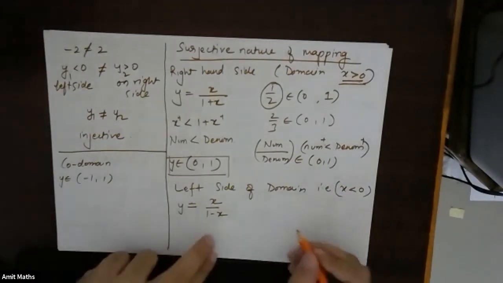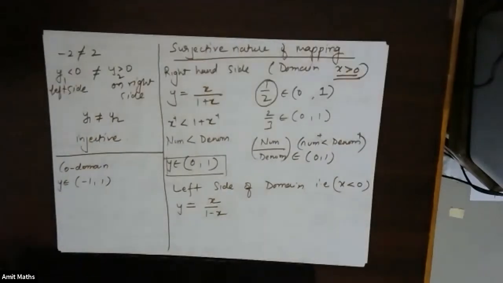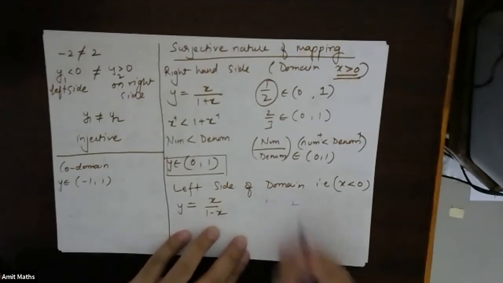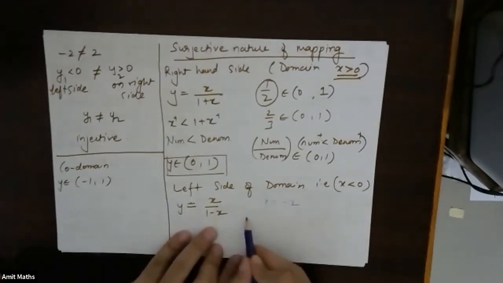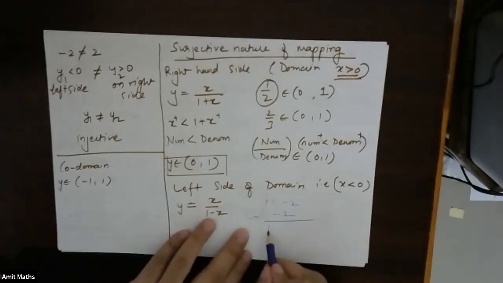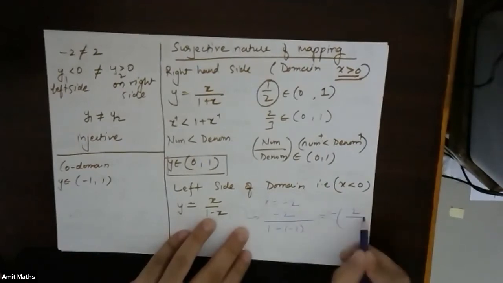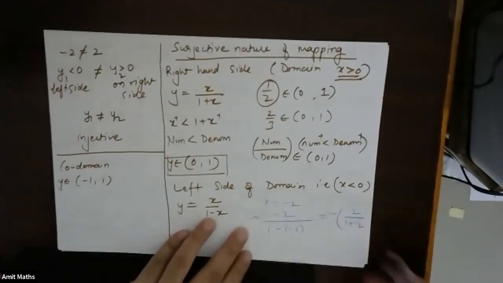Now I'm just taking an example, substitute the value of x as minus 2. If x is equal to minus 2, in the numerator I will get minus 2, and in the denominator I will get 1 minus of minus 2, that is 1 plus 2.